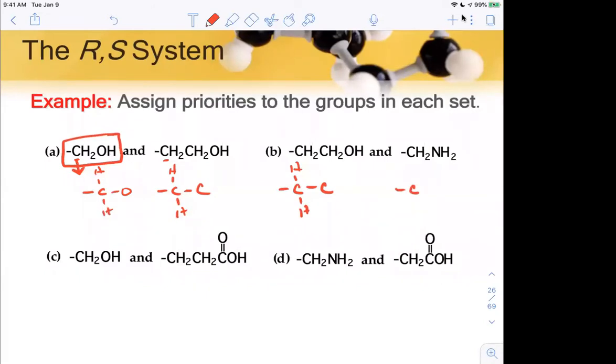Here, I have 2 hydrogens and a nitrogen. That's as far as I need to go. This OH actually has nothing to do with it, because here is my first point of difference between the carbon and the nitrogen. This is the higher priority group.